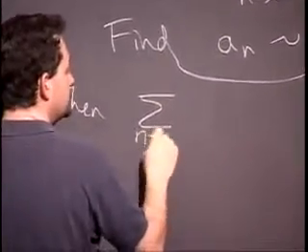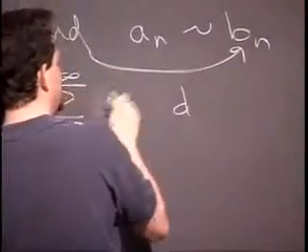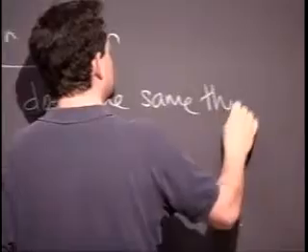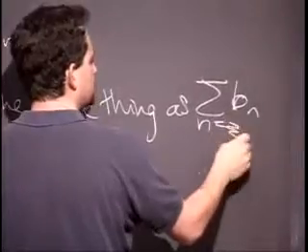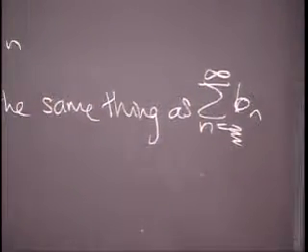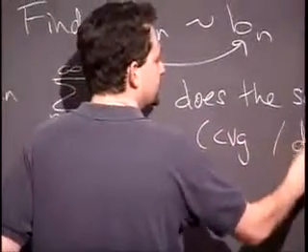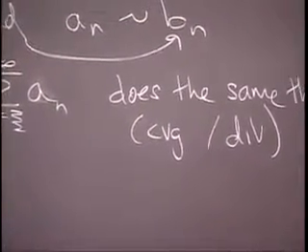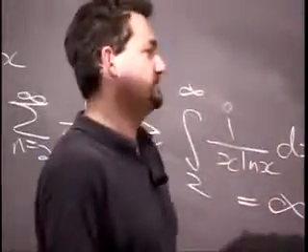Then the sum an does the same thing as the sum bn. What do I mean by does the same thing? I mean converges or diverges. Now, if the bn series diverges, then so does an. If it converges, the an series converges, but not necessarily to the same thing. You just know whether or not it converges.